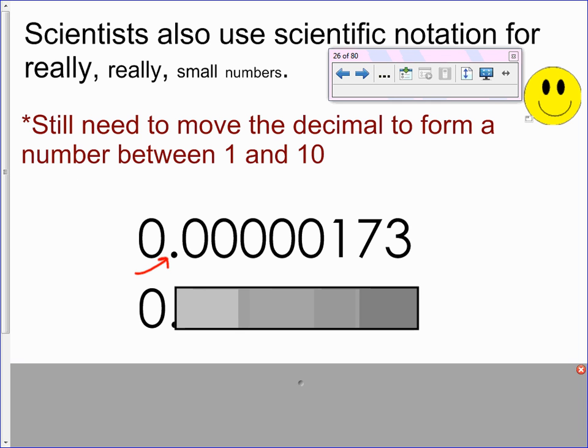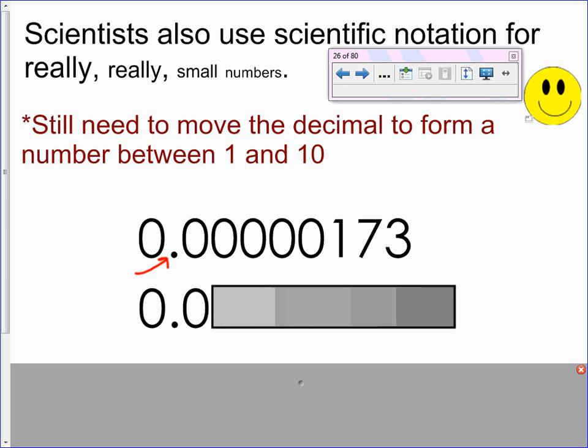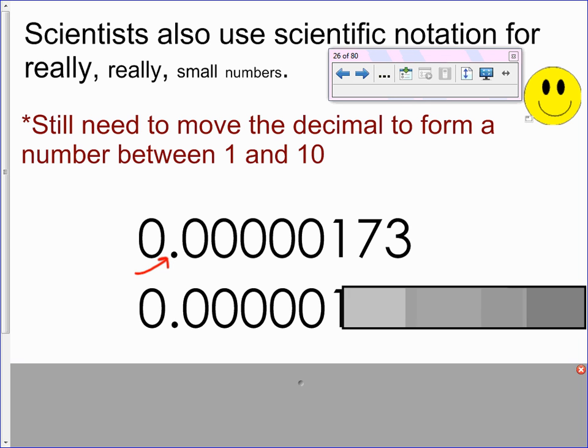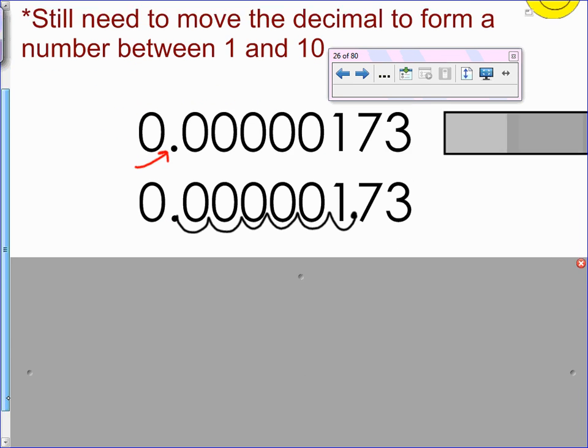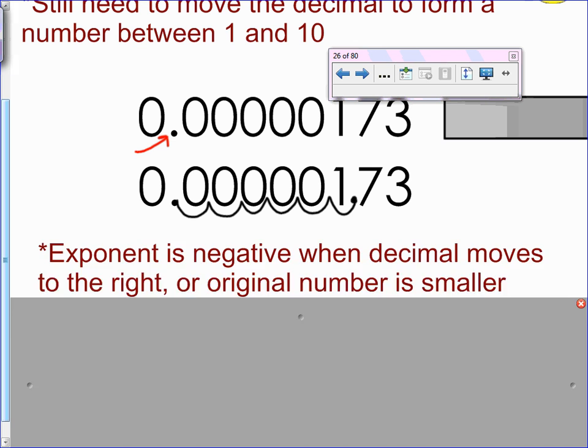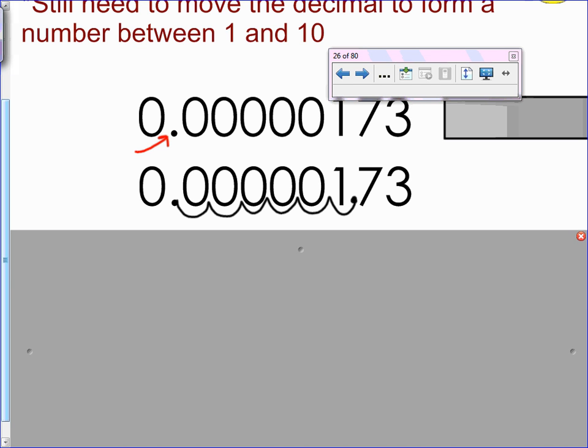I'm going to move it 1, 2, 3, 4, 5, 6. We've made it to the point where that number is a single digit to the left of the decimal. Draw your new decimal point. And we have the number 1.73.